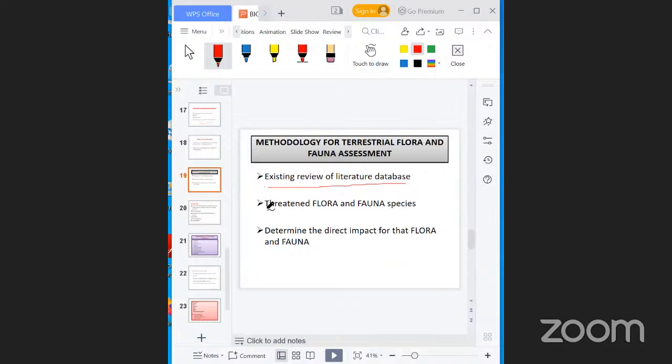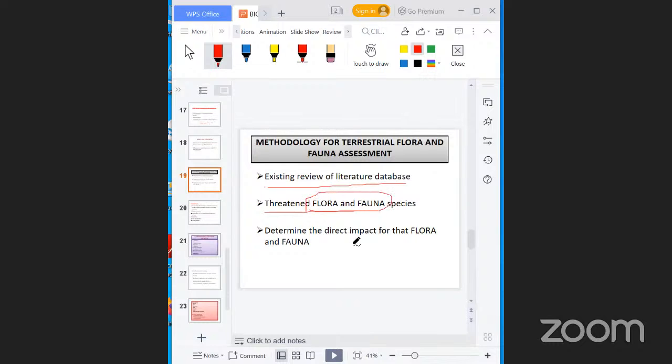And next, a list of potentially threatened flora and fauna species is proposed. So that should be listed out, then a land cover and vegetation map should be made, and the area of the development project is overlaid.